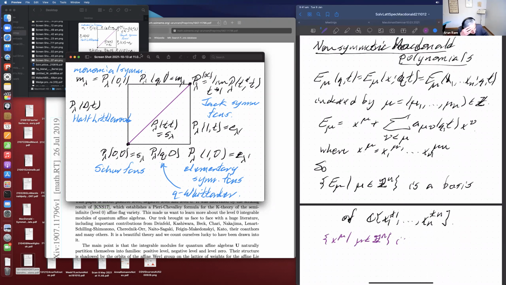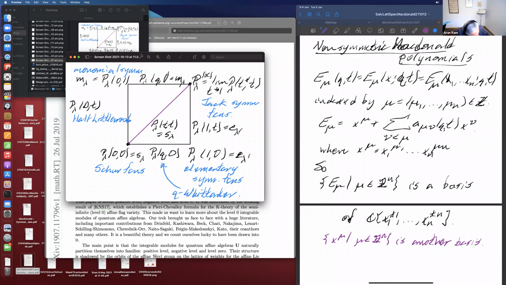So now I have many bases to play with of just ordinary polynomials, and you can just as well ask to expand in terms of a different one of these bases.